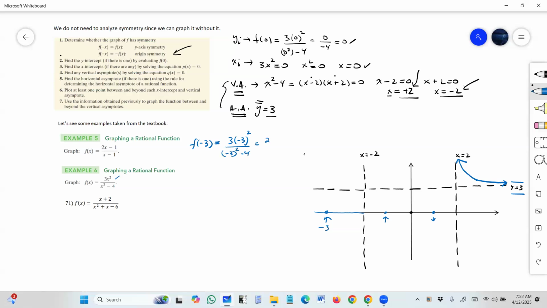So again, the numerator is 27. The denominator is 5, which is obviously positive and greater than 5. So it's here somewhere. And because these two lines are asymptotes, the graph looks like this.